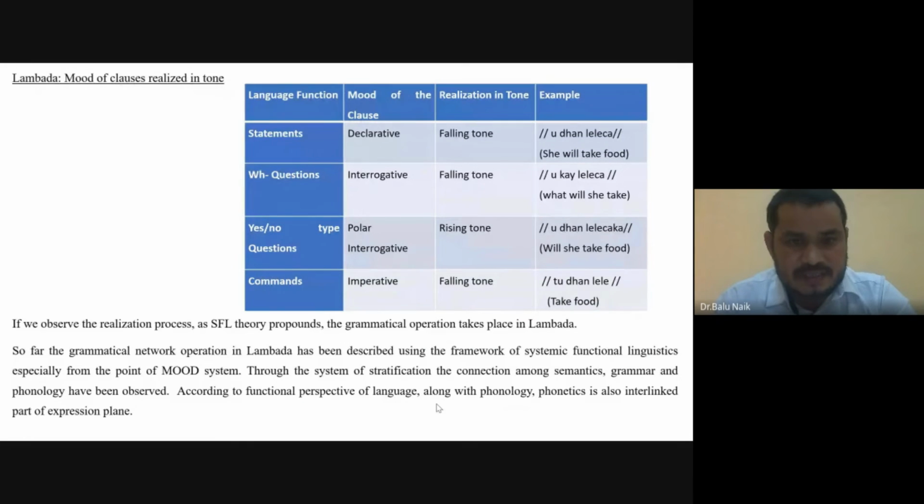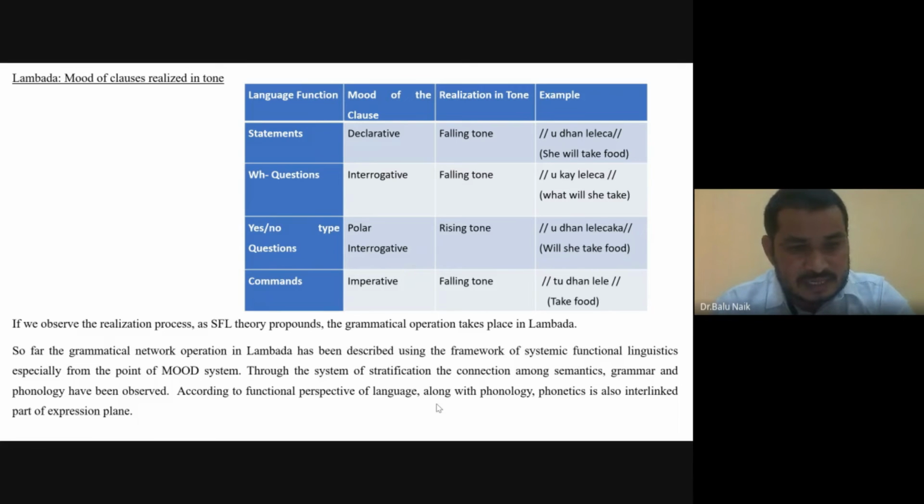Statements, WH questions, yes or no types and commands: declarative, interrogative, polar interrogative, imperative. Only yes or no types, the polar interrogative, have the rising tone. The remaining are falling tones. Example: धान लेला चा, she will take food. वो काई लेला चा. वो धान लेला चक्का. Ka has a rising tone, the remaining is the falling tone. Tu धान लेला, take food.